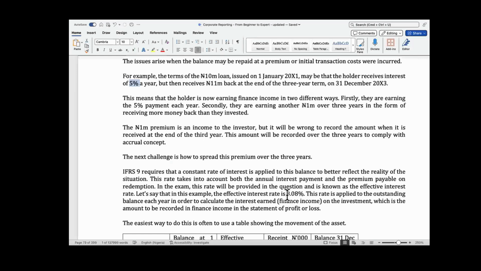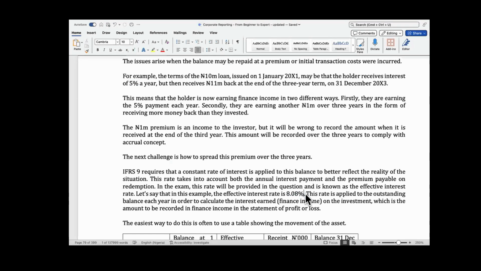In this case, we can assume that would be 3.08%. For it to increase from 5% to 8.08%, that extra 1 million that they want to spread over the 3 years is what is making it up to 8.08%. The breakdown is not really necessary, other than for us to know that we will need an effective interest rate method.